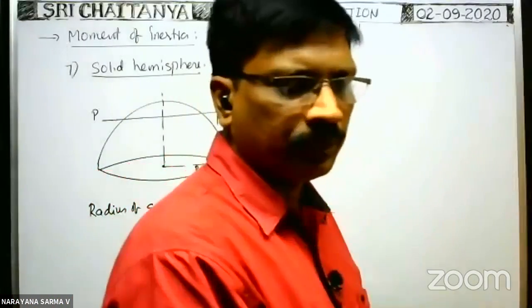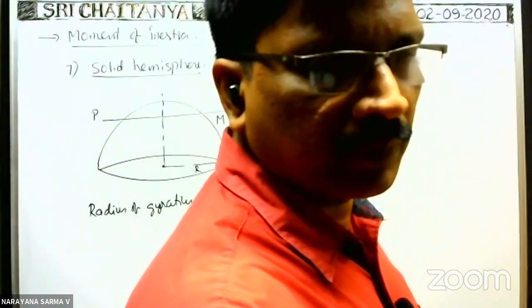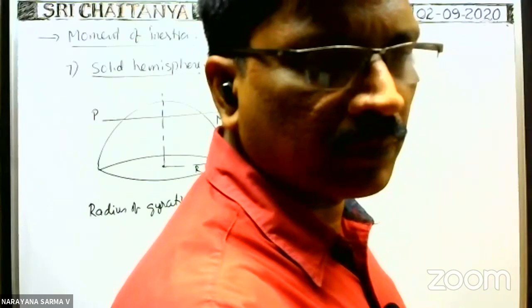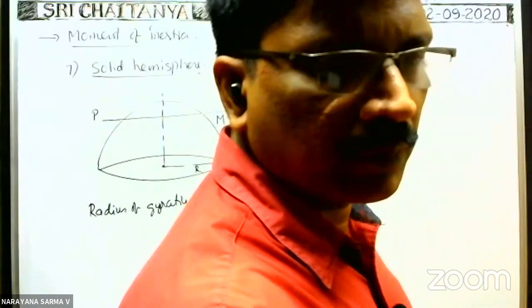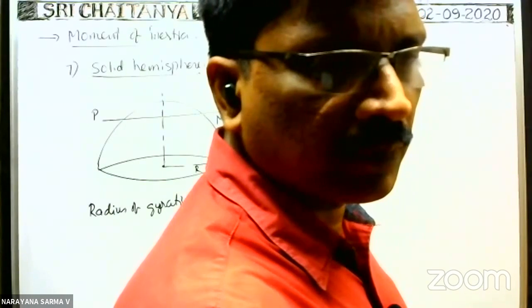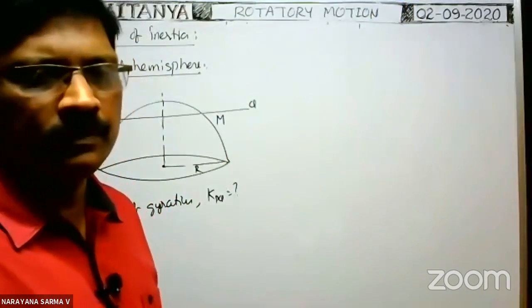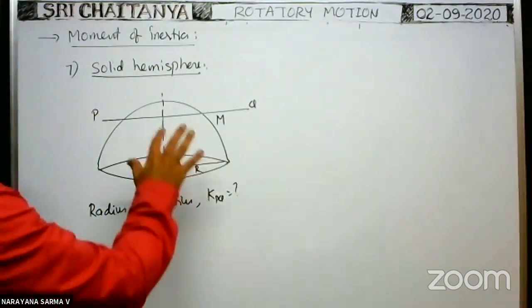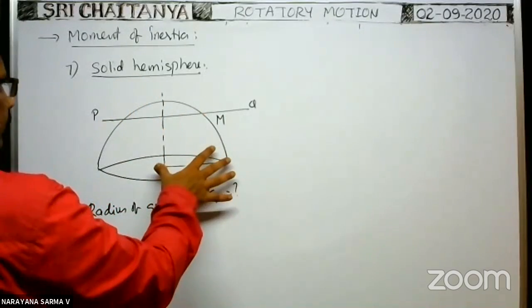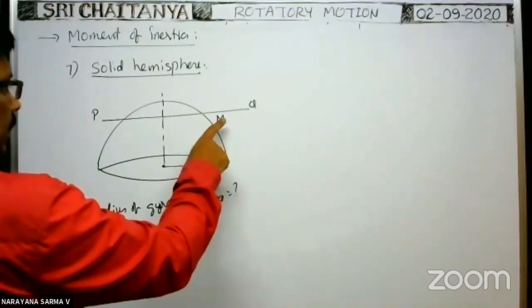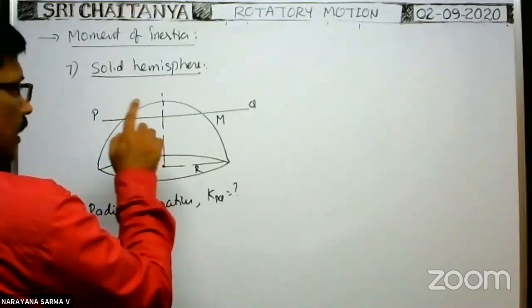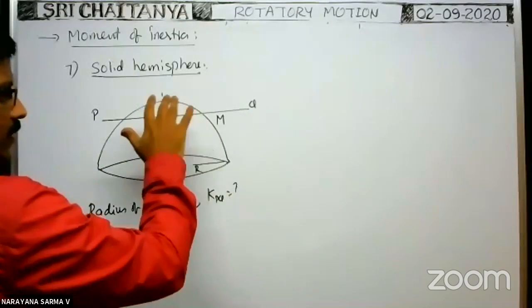How can we do this? Here we see there is a solid hemisphere of radius R and mass M. M is the mass of the solid hemisphere only, not the total solid sphere.